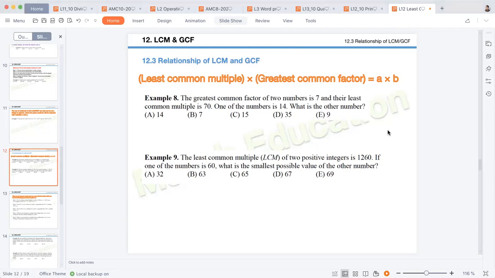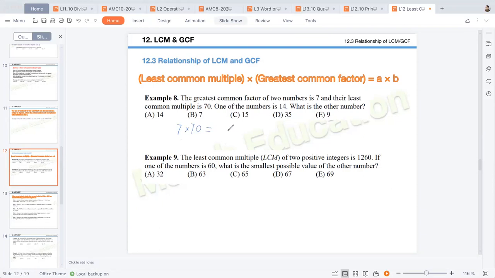Okay, Emily, Syria and Aaron, all of you gave me the right answer. So they tell me the greatest common factor is 7, and the least common multiple is 70.